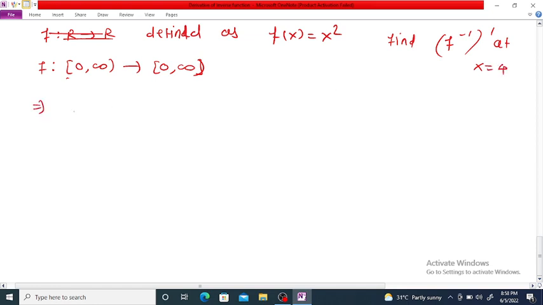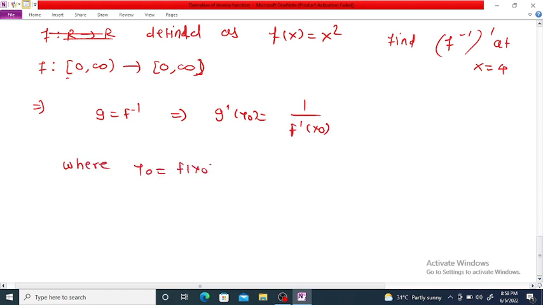If you apply the above formula, and we write g is equal to f inverse, then by the above formula g dash of y0 is equal to 1 divided by f dash of x0. Here y0 is equal to f of x0, and y0 is given as 4.